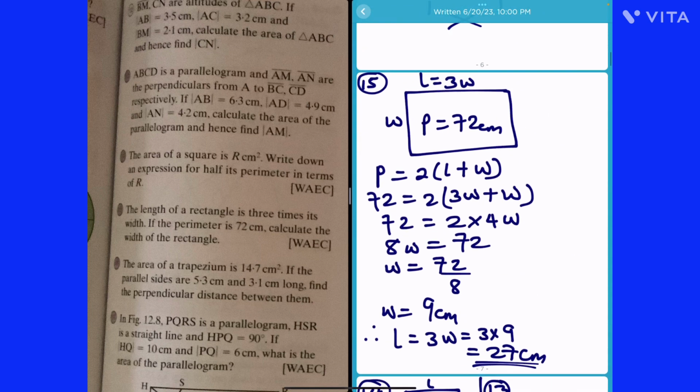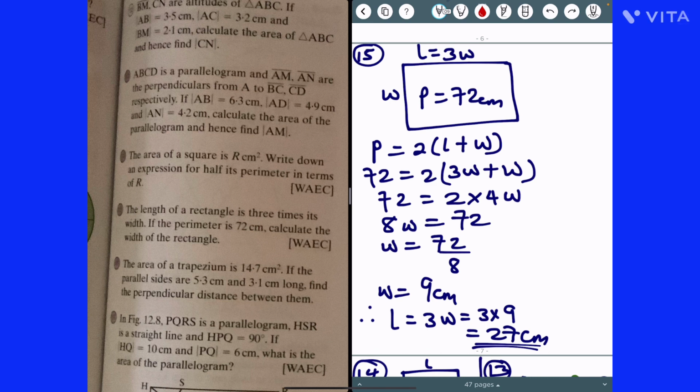Now, let's go to question 15. Question 15 says, the length of a rectangle is 3 times its width. If the perimeter is 72, calculate the width of the rectangle. This is pretty simple. Take note that the perimeter of a rectangle is 2 open bracket length plus breadth.